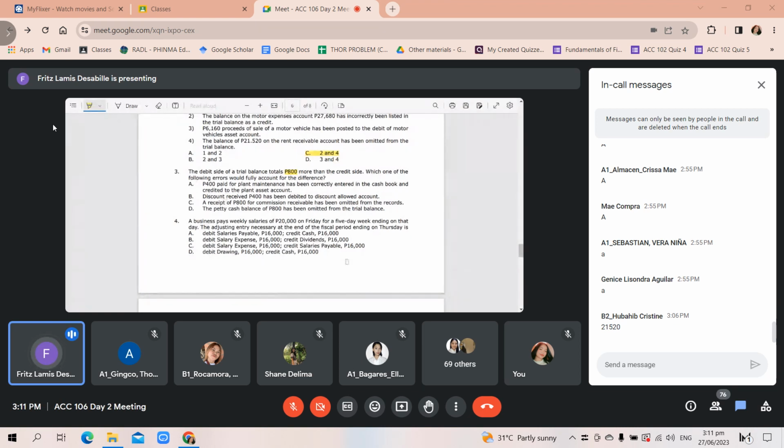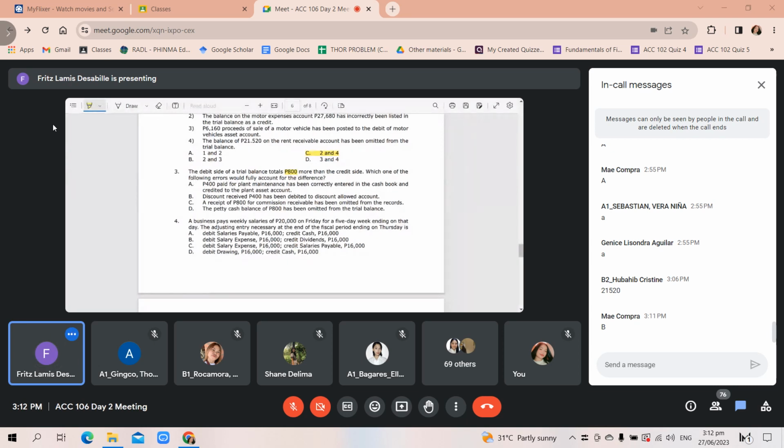Okay. Letter A, 400 paid for plant maintenance has been correctly entered in the cash books, no? And credited to the plant asset account. So the entry is wrong, no?